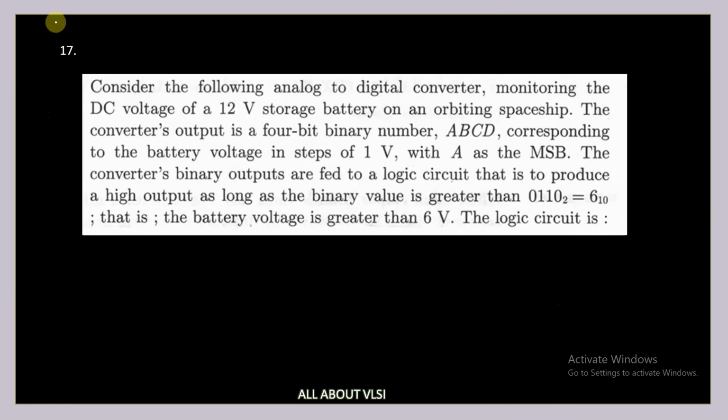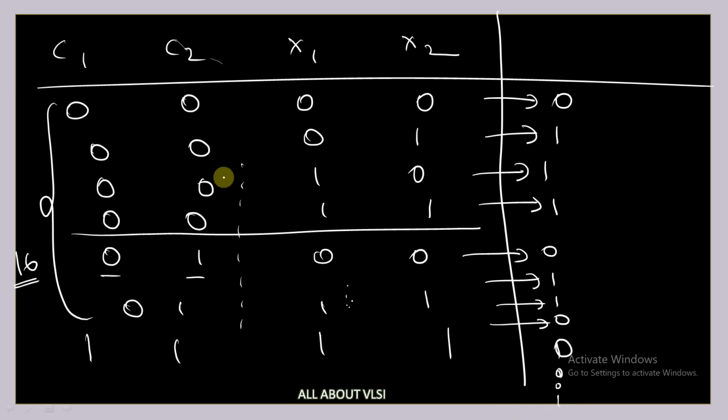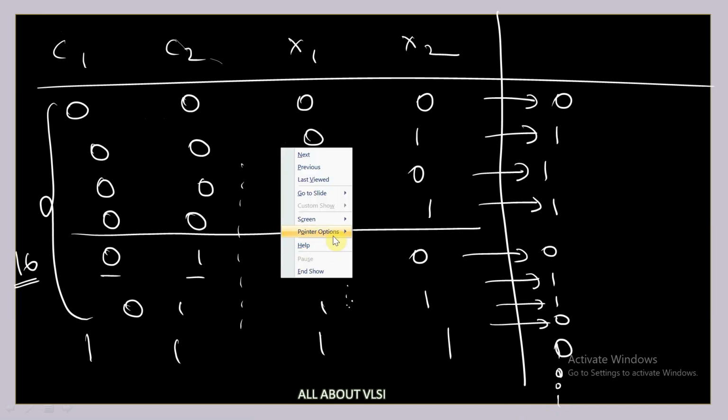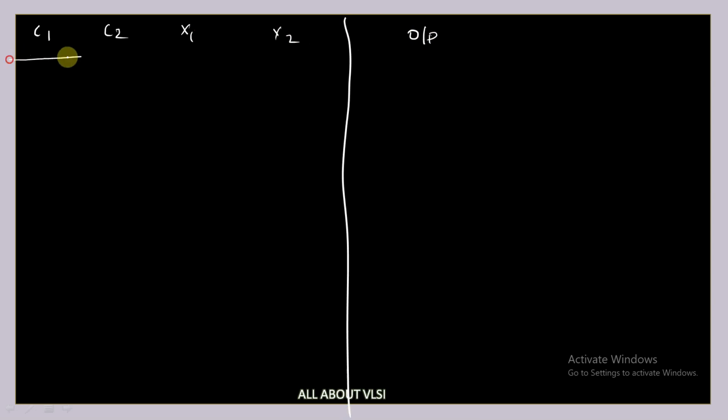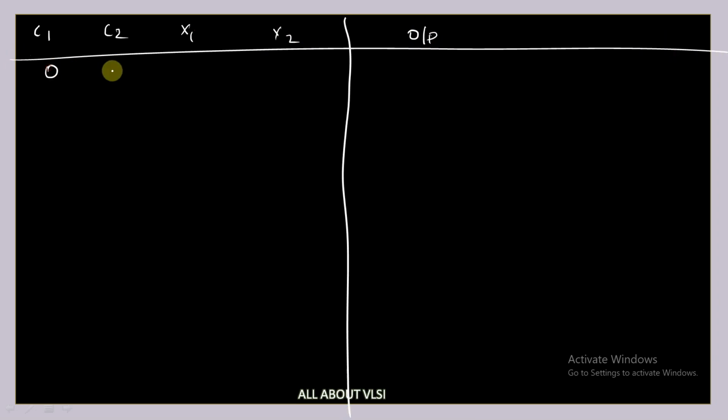Let me write this down clearly. So it is C1 C2 X1 X2, and this is your output. 0 0 0 0, 0 1, 1 0, 1 1. This is one set.